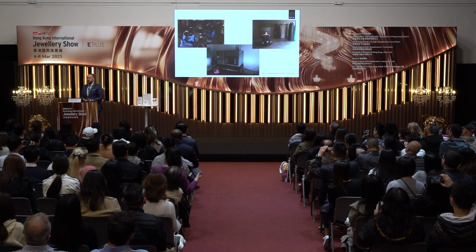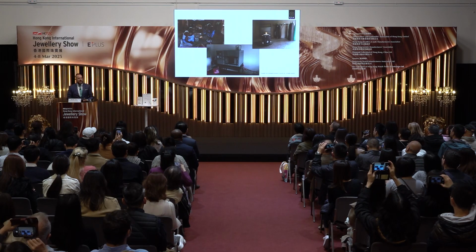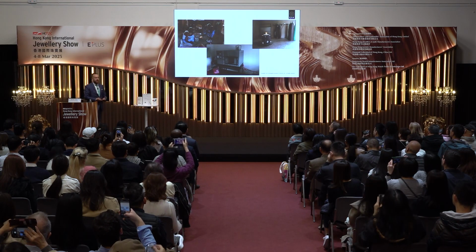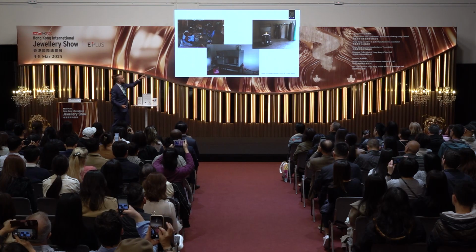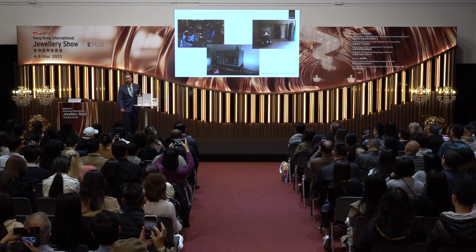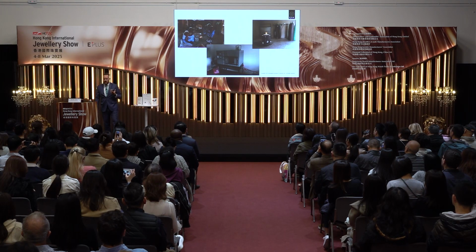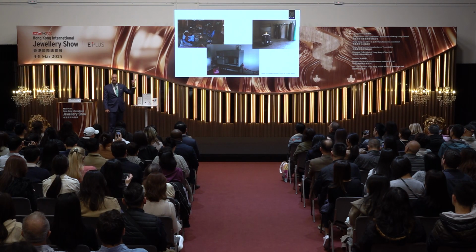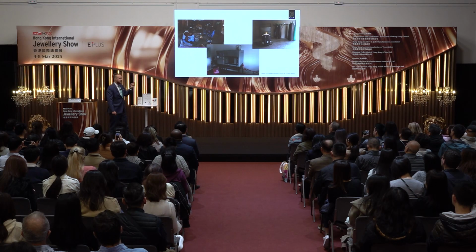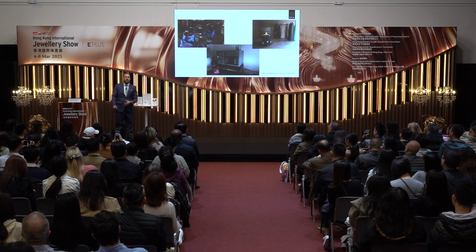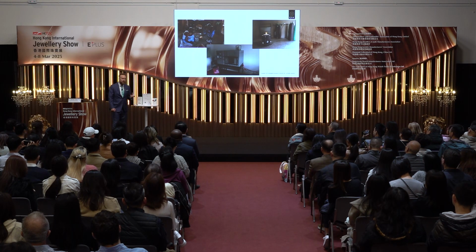Now, we can put these stones in a furnace, and heat treatment can happen in a number of different ways. So here are 3 heat treatment styles that are still occurring today, with the one on the top left being the most traditional one. This was already described more than 800 years ago, but people are still using the same technique where they're using blowpipes and charcoal to improve the color of sapphires.